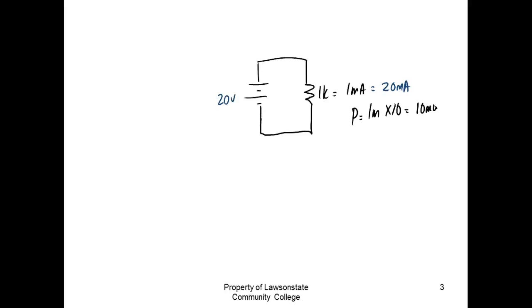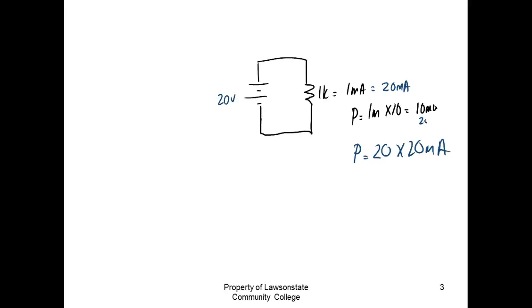So what would happen? Did the power double? No, it did not double. So if I double this, that would be 20. But when I do the math, power would be equal to 20 volts times 20 milliamps. If you can come up with 20 out of that, then you're better than me. So all of a sudden it was 10, now it's what?